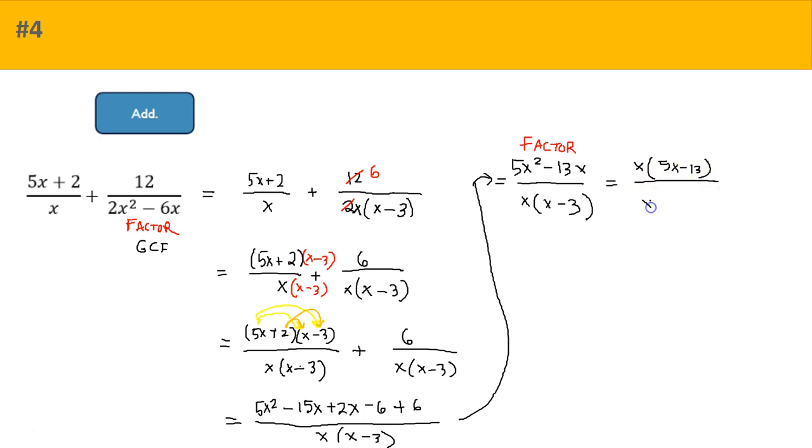In the denominator, we have x times x minus 3. Looks like these two x's can be reduced, which leaves me with our final answer of 5x minus 13 over x minus 3. Okay, and that's as far as we can go. At this point, you cannot divide out these x's. This will be your final answer.